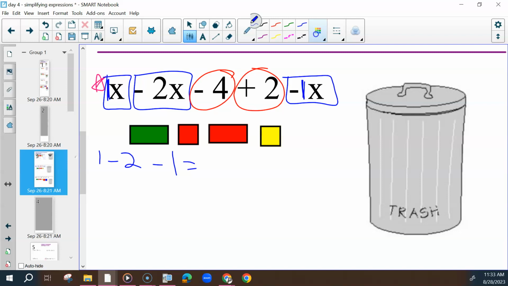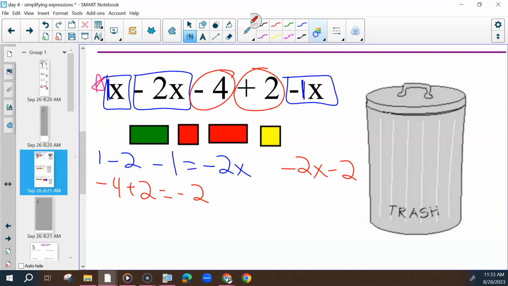What would that be? Double check that. Should be -2. So you weren't too far, but it just wasn't right. Just double check. So -2x. And then -4 + 2. What? -2. There. And then -2x minus 2.